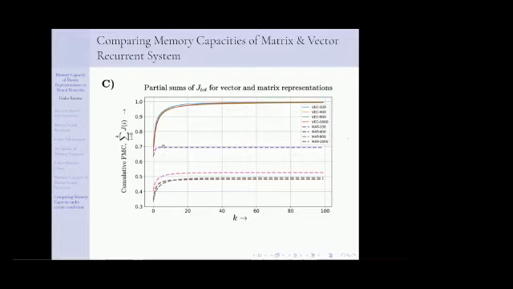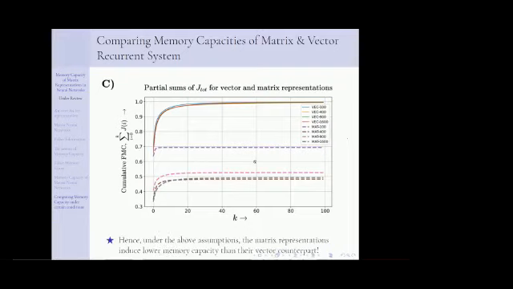What we see here now is the result of the whole discussion: the total area under the curve for the vector representation system, represented by this continuous line, is higher in all similar cases than for the matrix representation system.